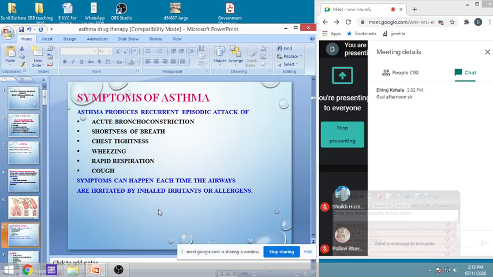Since there is hypoxia, the respiratory center tries to compensate, and there is rapid respiration, and because of the obstruction, the cough reflexes are activated, and therefore the person is coughing many times. These symptoms can happen each time the airways are irritated by inhaled irritants or allergens, and therefore this asthma will be there.